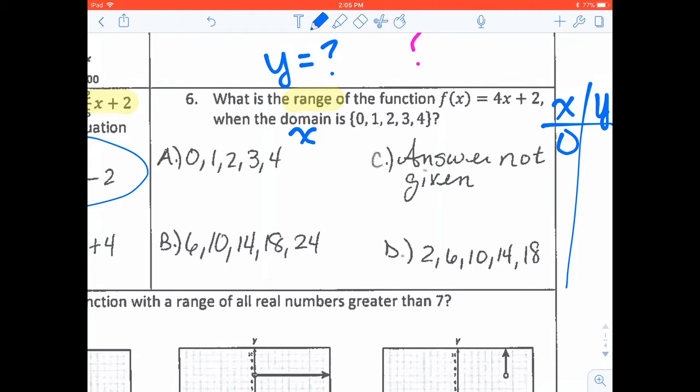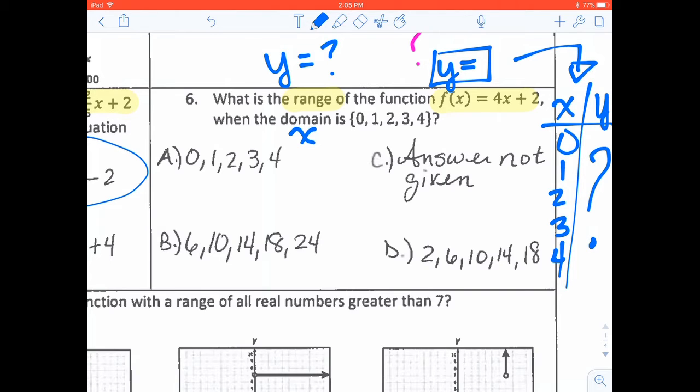It's in y equals. Put that guy in y equals in the calculator. Go to your table. When x is 0, you should see a y value of 2. When x is 1, you should see a y value of 6. When x is 2, you should see a y value of 10, so on and so forth. So our answer is D.